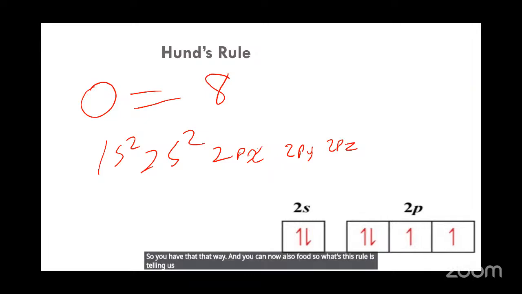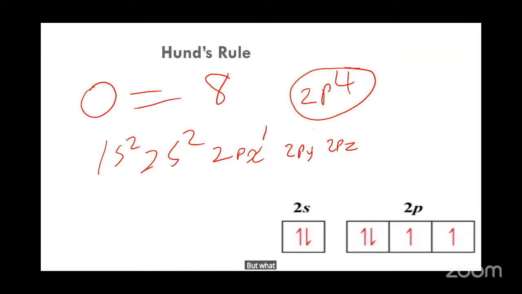So you have them that way, and what this rule is telling us is that you are supposed to put 4 electrons in the p orbitals. But what you are supposed to do is to put 1 for each of them first, because they are of equal energy, and that will make them stable. Then you can now put the remaining electron into any of the other ones. I can put it anywhere because they are of equal energy.